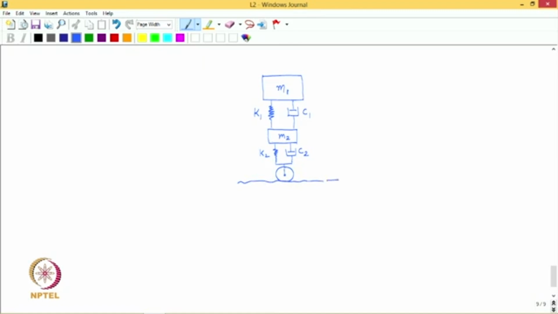In this case, y of t is the excitation coming from the ground, and f of t is the force acting on the body of the car. Then we have this as 1 degree of freedom, because that is the displacement of the car body, and the displacement of the wheel is going to be different, and is therefore represented by x2. So here m2 contains the masses of all the 4 wheels.